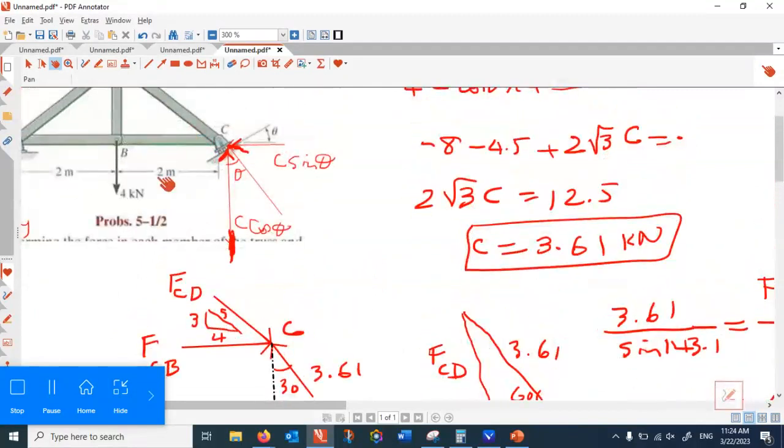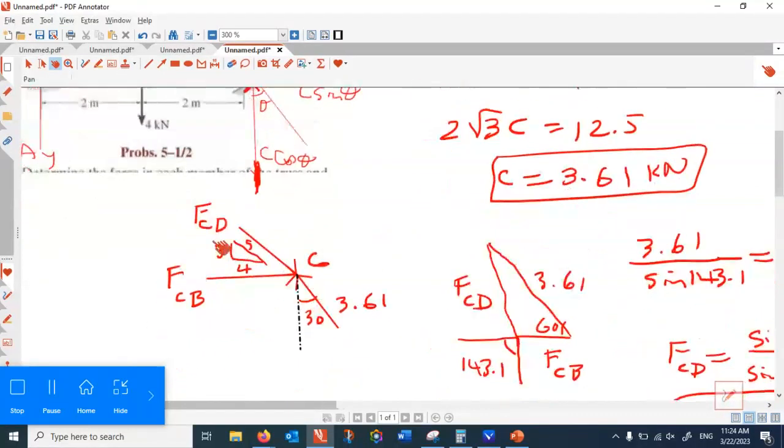So these forces, FCD, FCB, one is horizontal, the other one is along that member. I know the angles, so three forces in equilibrium. One way of solving that free body diagram is by constructing a triangle. You can resolve the forces in x and y, that needs you to solve two equations, two unknowns. But in cases like this, it's easier to construct a triangle.